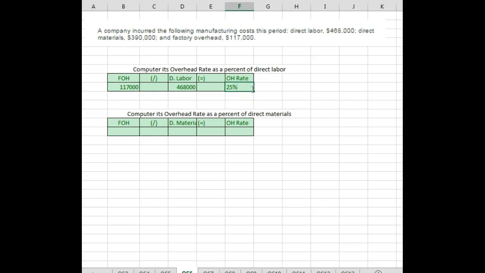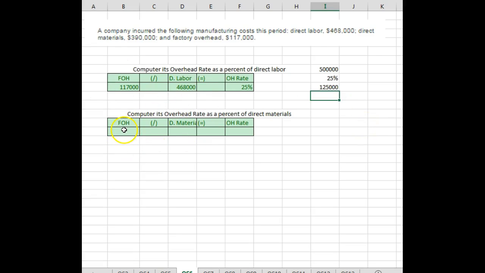So that means if I had direct labor of 500,000, and I wanted to know how much overhead to apply, I would simply multiply 500,000 times 25%, and I would come up with an applied overhead of $125,000.